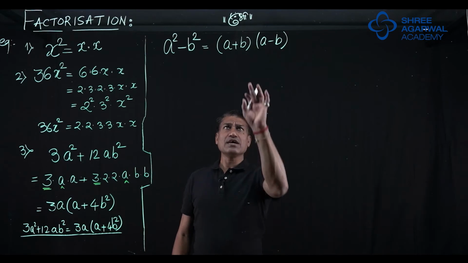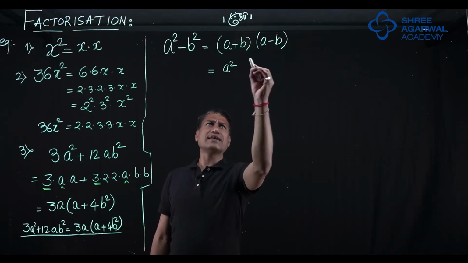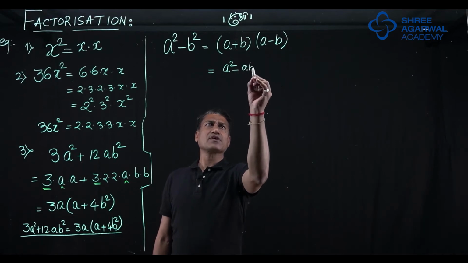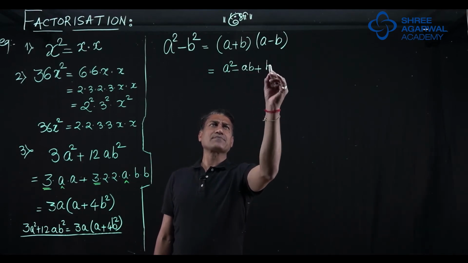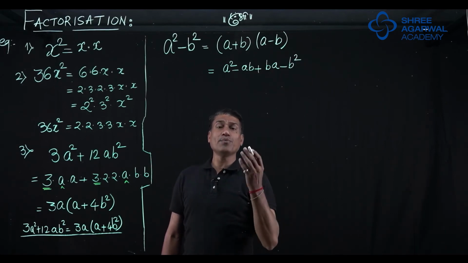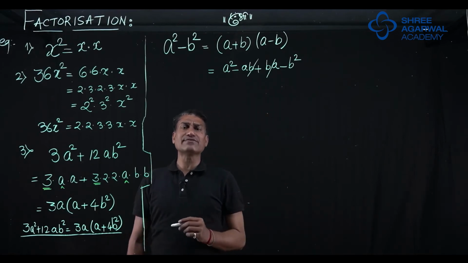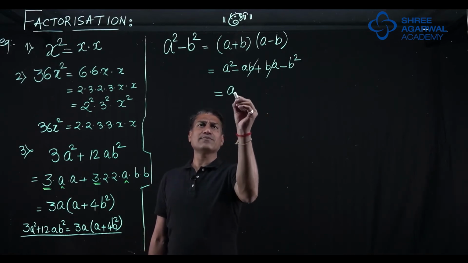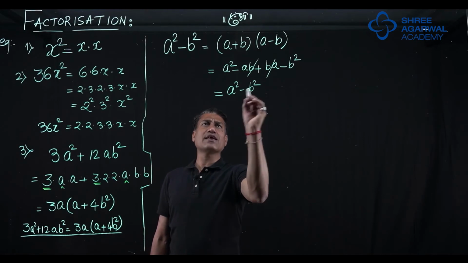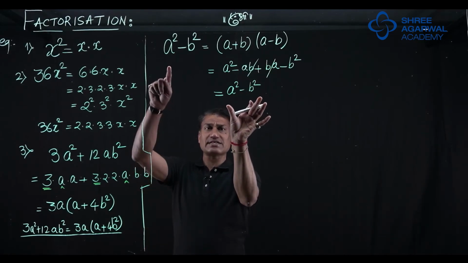If you multiply these, a into a is a square, minus ab, plus ba, minus b square. Now you know ba and ab are equal, so these two with positive and negative signs will cancel, and what will remain is a square minus b square. It means the multiplication of these two brackets is going to give us the LHS.